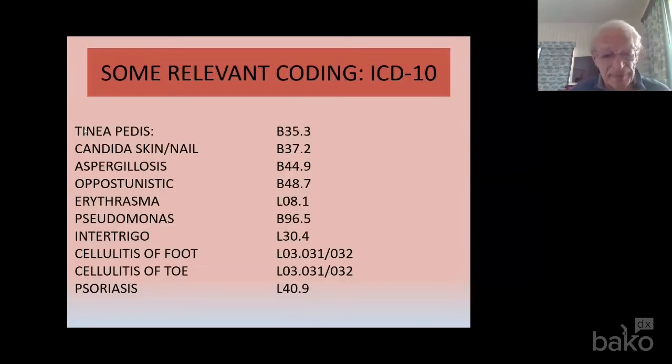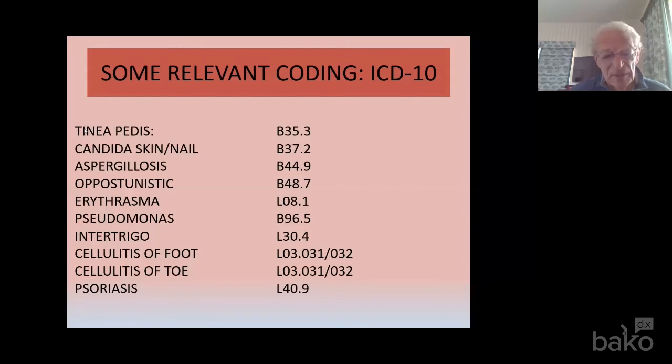For those of you that are into proper coding, I'll leave this slide up for a moment for the appropriate ICD-10 codes. Erythrasma is one you may not be familiar with. That's L08.1. Pseudomonas interdigital space infections, my recommended code is B96.5. For intertrigo, L30.4.